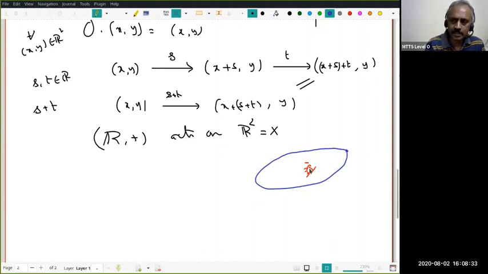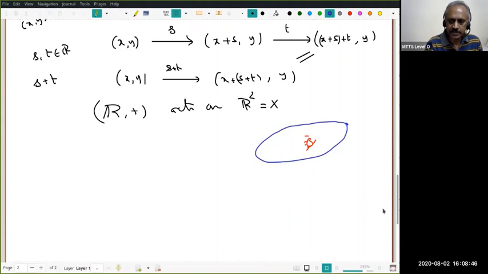What does it mean? If a particle moves as time goes by, what is the path on which it moves? That is called an orbit. So we want to do a similar thing in the case of group action. So let us go back. So G is a group. It acts on X.